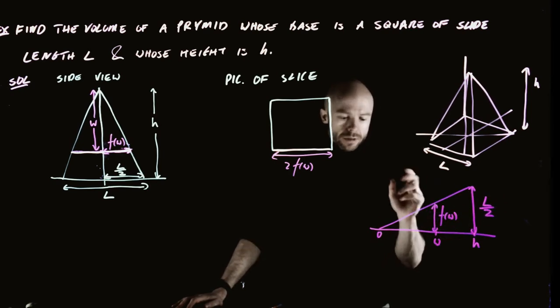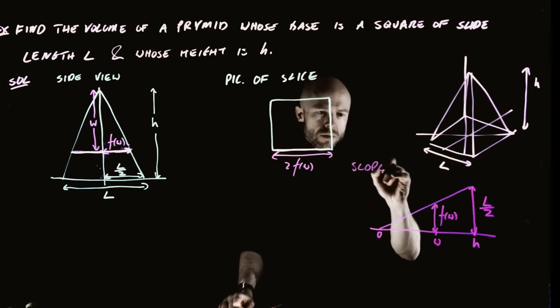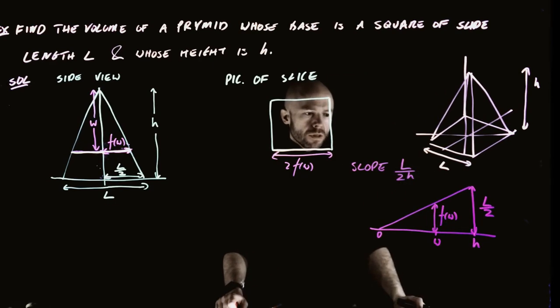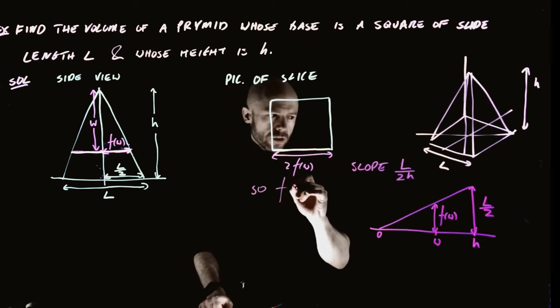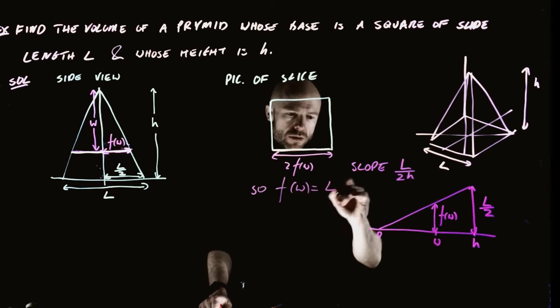By h. So the slope is L over 2 divided by h. So this linear function, f of w, is just going to be L over 2h times w.